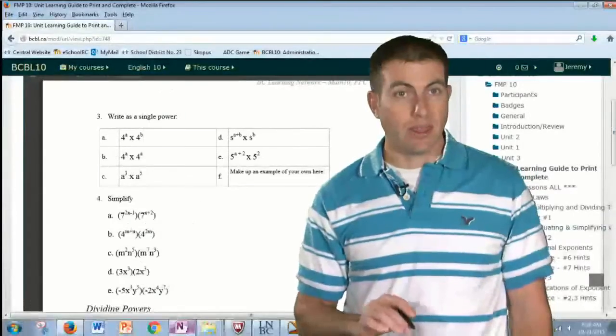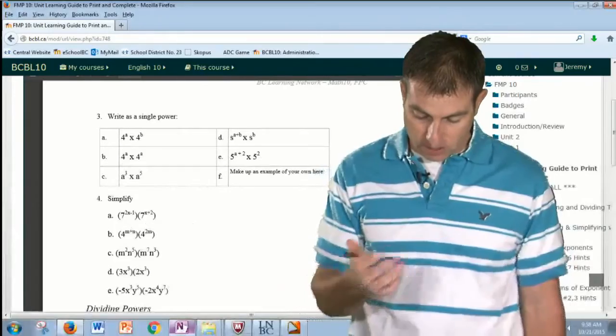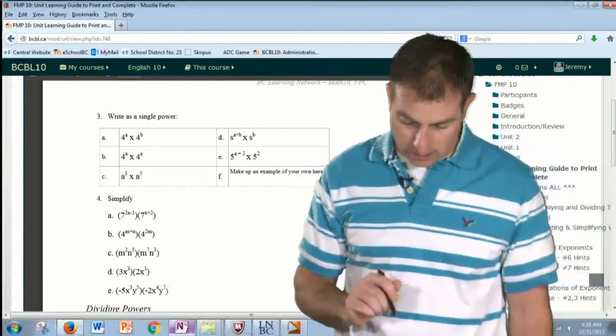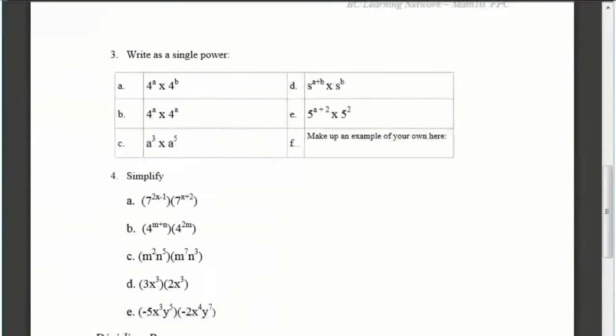When we're doing this type of question, we're just adding the exponents. I haven't downloaded this into OneNote, so I can't write over it, but maybe I'll do A and C because they're a little bit different. 4 to the A, 4 to the B is 3A. Let's look at that one first.